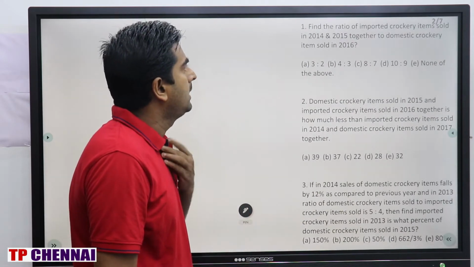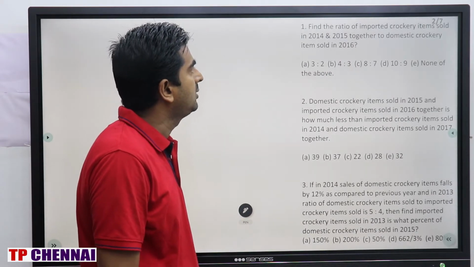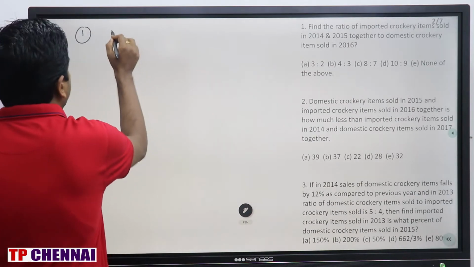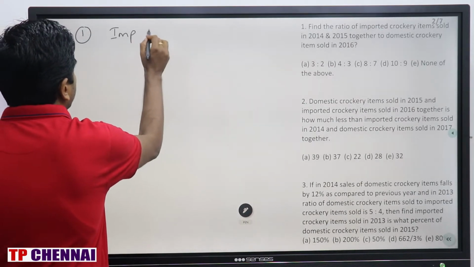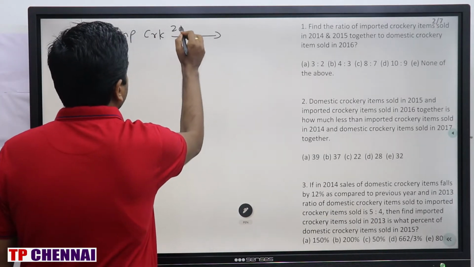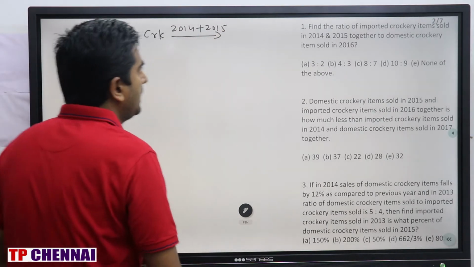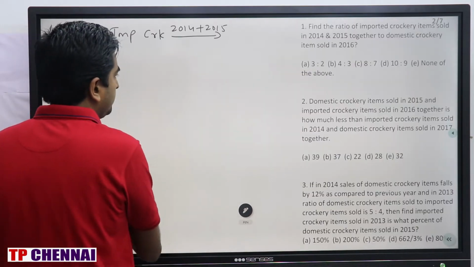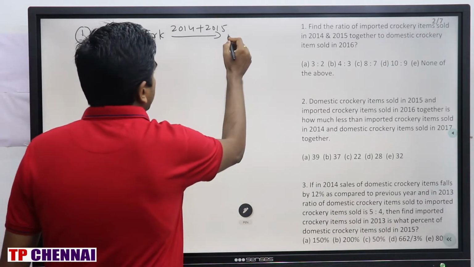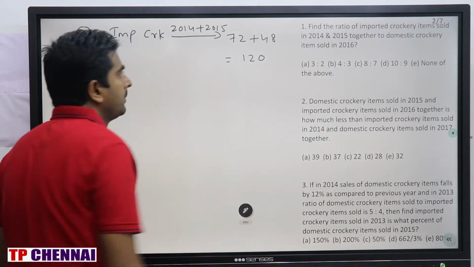Find the ratio of imported crockery items sold in 2014-15 together to domestic crockery items sold in 2016. So imported crockery items in 2014 and 2015: 72 plus 48, that is nothing but 120.